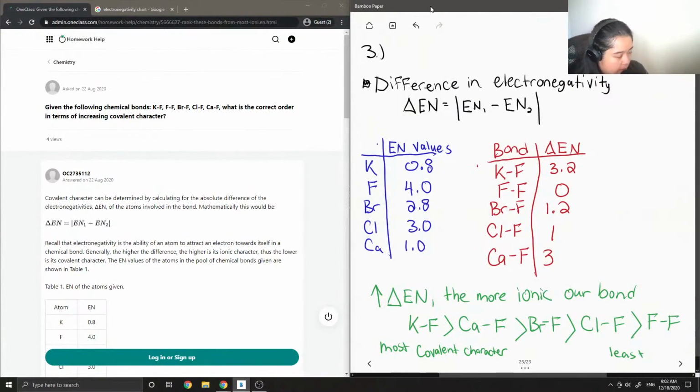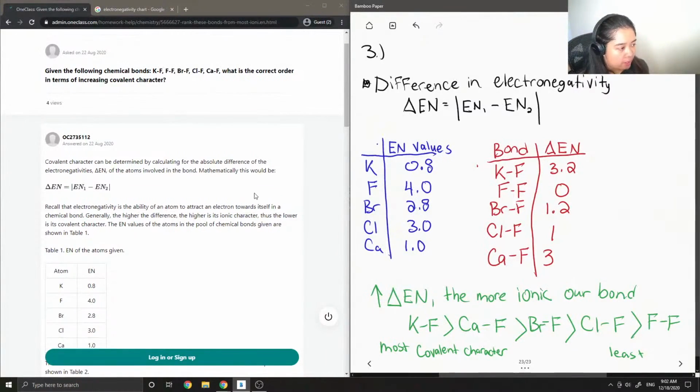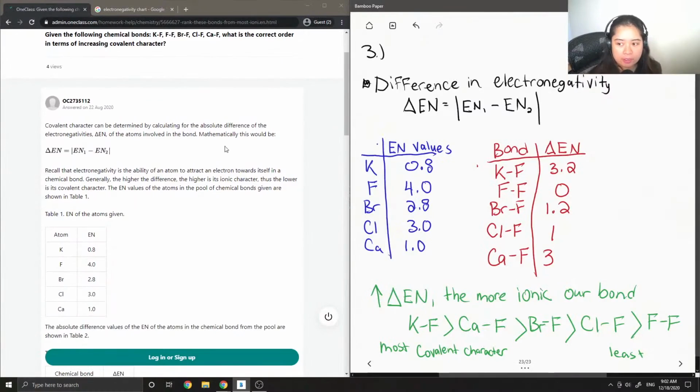Okay, so let's see what the junior tutor said. Covalent character can be determined by calculating the absolute difference of electronegativities of the atoms involved in the bond. Mathematically, this would be delta En is equal to the electronegativity value of one minus the electronegativity value of another.